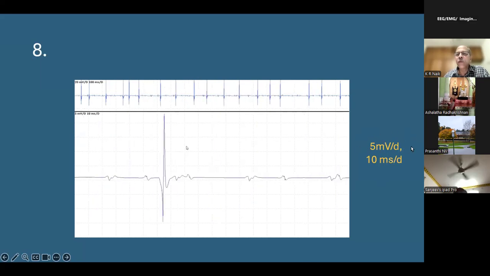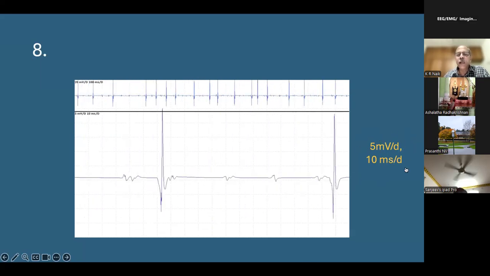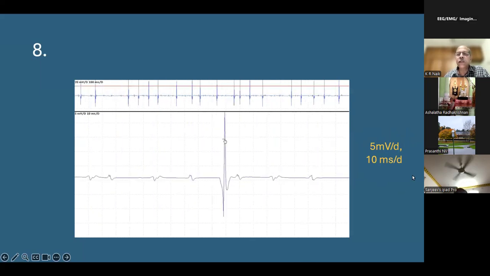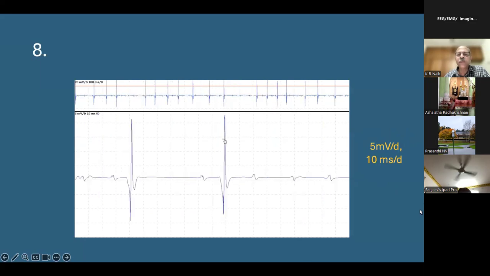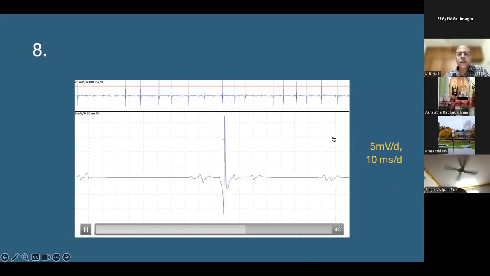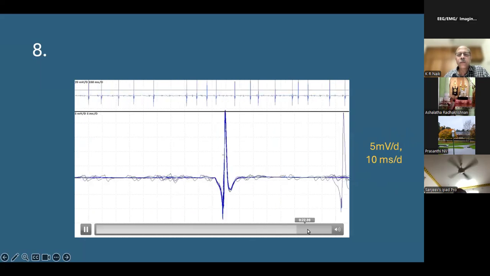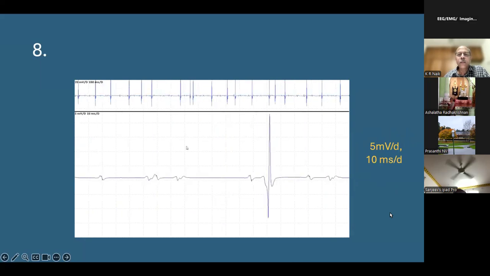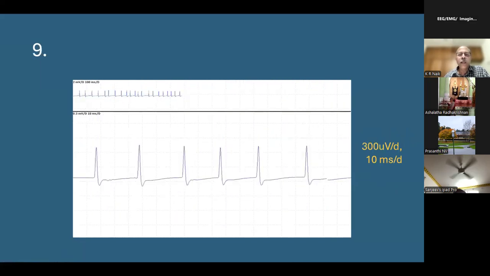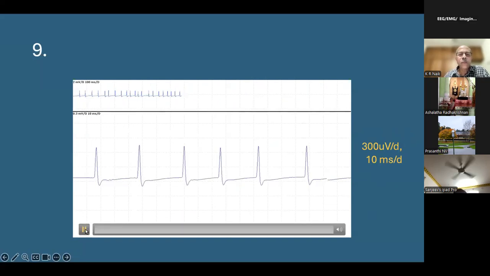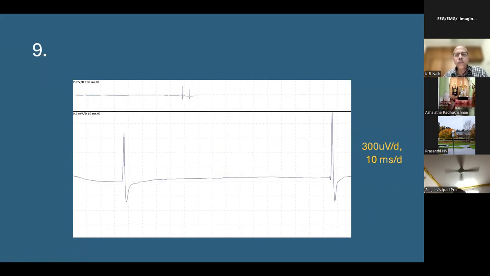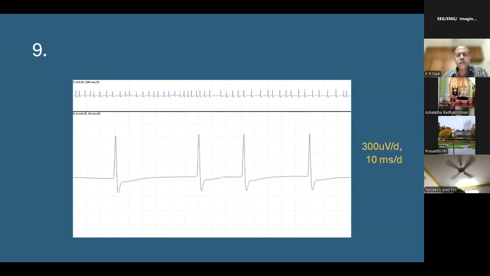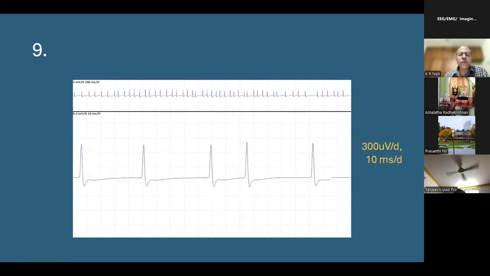Sensitivity here is 5 millivolts per division, 10 milliseconds speed, so 200 milliseconds is the total. Okay. Number 9, you have to comment about the activity and if possible the firing rate and say whether it's abnormal or not.